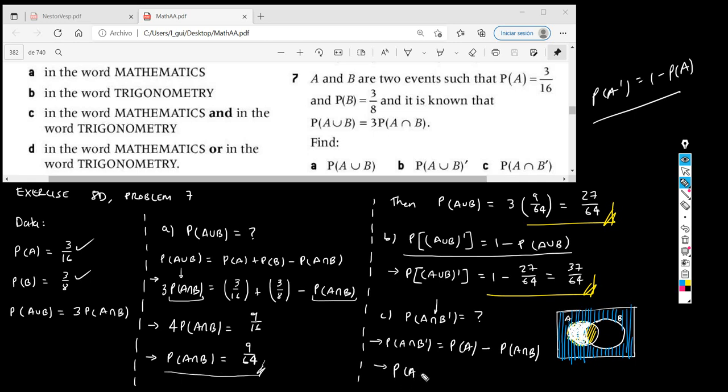So this is going to be equal to P of A, which is 3 over 16, minus this number, which is 9 over 64. And we are done. Whatever this number is, that is the answer for letter C. And that's how this problem ends.